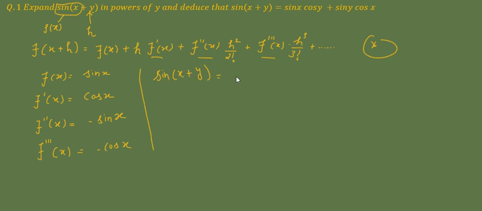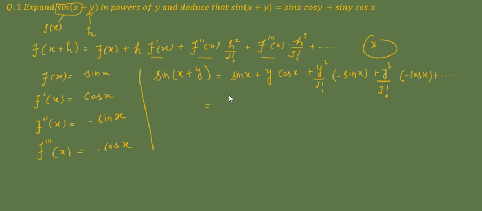So what we have, f(x+h) is sin x plus h times, what is h? h is y here, derivative of f, that is cos x, plus h square by, what is h? y square by 2 factorial. The second derivative is minus of sin x, next y cube by 3 factorial, and what is third derivative? Minus of cos x, continuing like this.